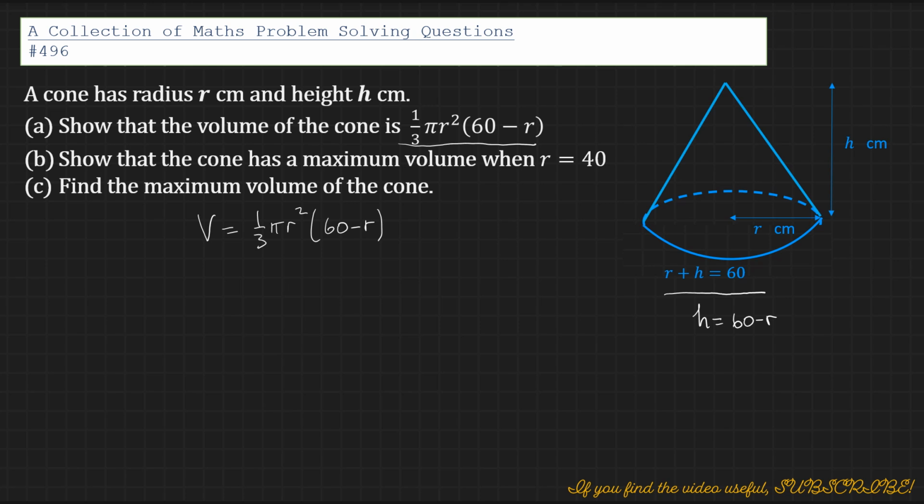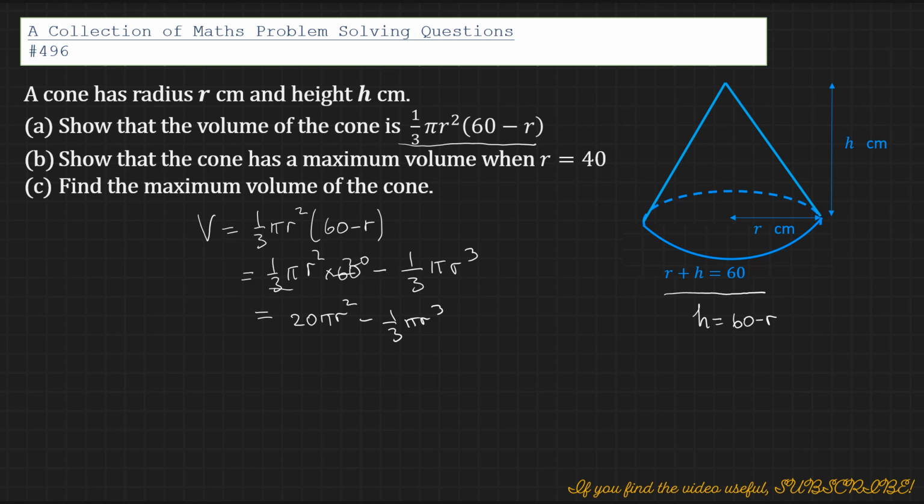So we would do dV/dr, but before that I need to break it down, because I find it easier that way. If I write 1/3 pi r squared times 60 minus 1/3 pi r cubed, then I can write this as 20 pi r squared minus 1/3 pi r cubed.